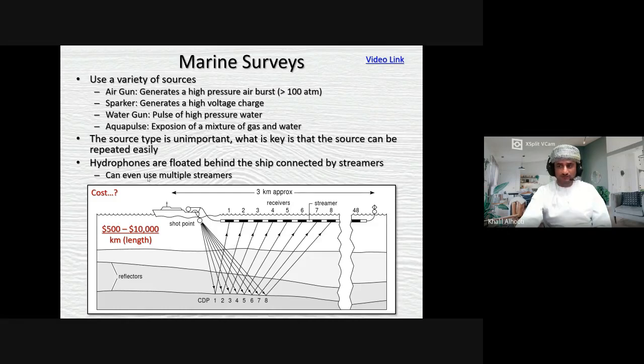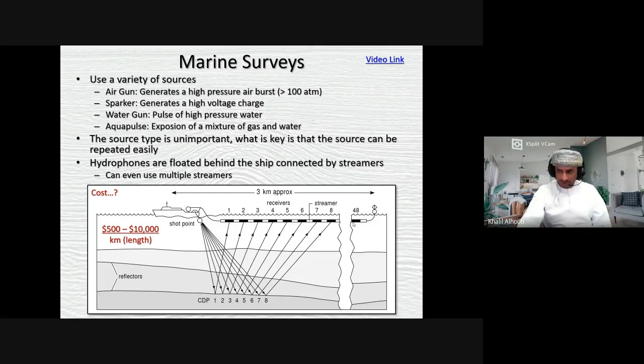So we use hydrophones for marine surveys, and the streamer line is ideally kept at a certain depth. But as I said, there is some effect from the sea tides, and we need to correct that.